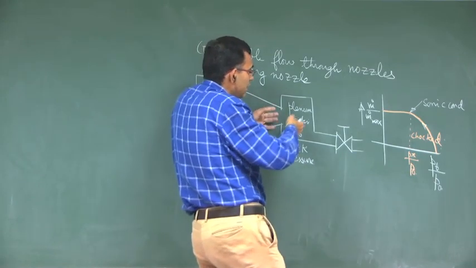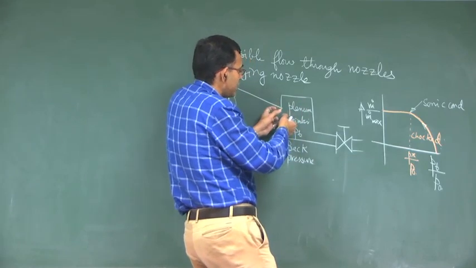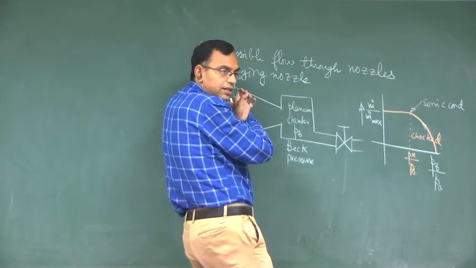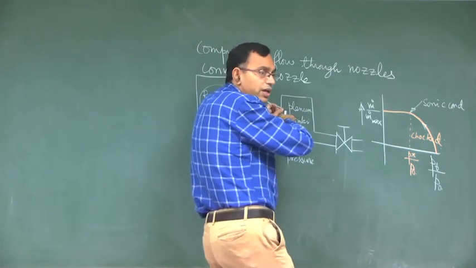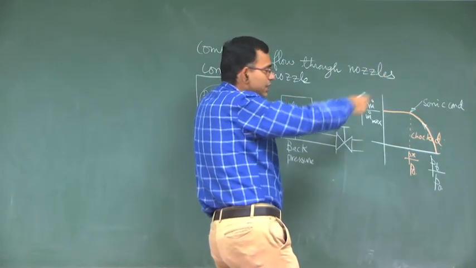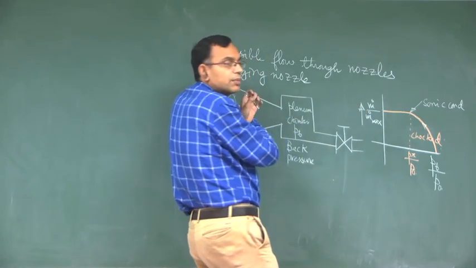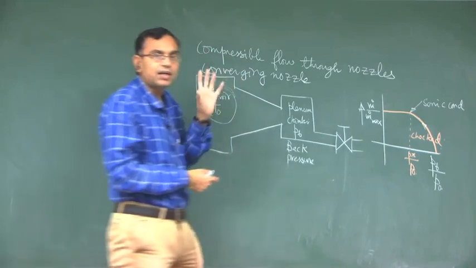So, the disturbance tries its best with a velocity c relative to the fluid to move here, but the fluid itself is moving so fast that the disturbance against that tide of the movement of the fluid is not able to reach here. That is the physics that I want to convey.